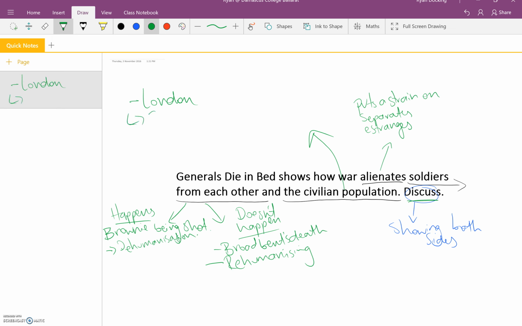Connected to this will be the character of Gladys, because she is the epitome of the civilian understanding of the war. Remember, there's that classic conversation they have about whether he's actually killed someone or not. Or sorry, not killed, but murdered someone.